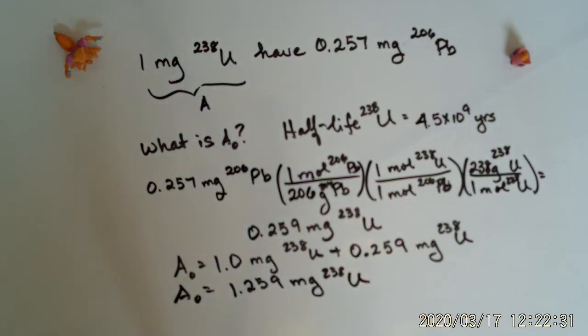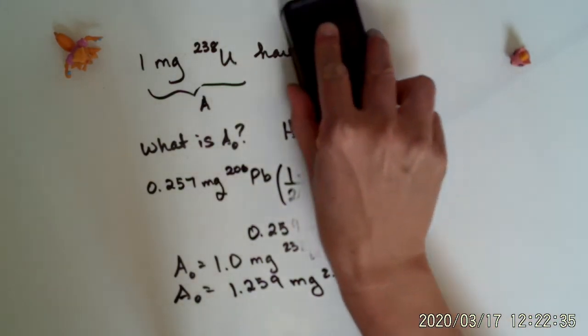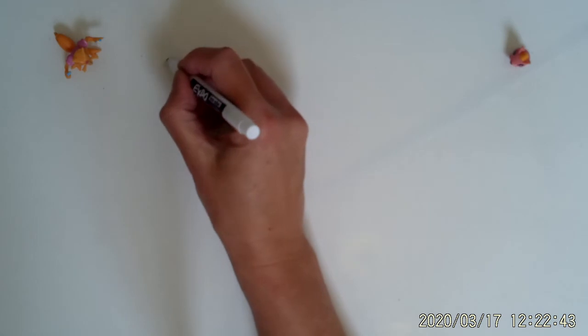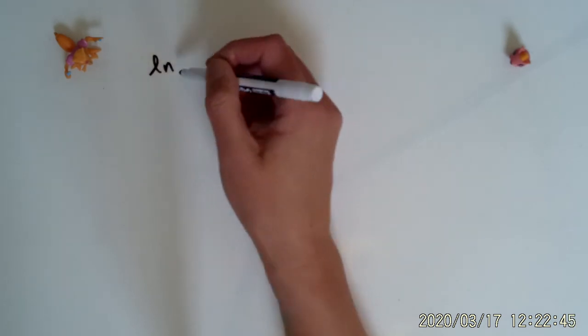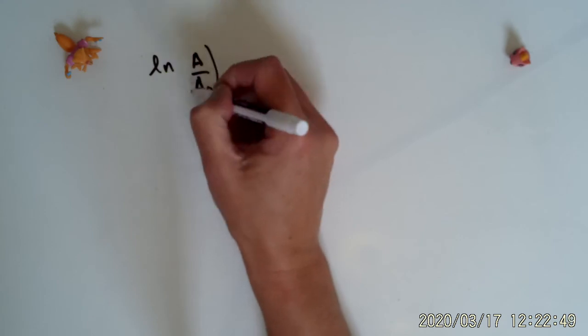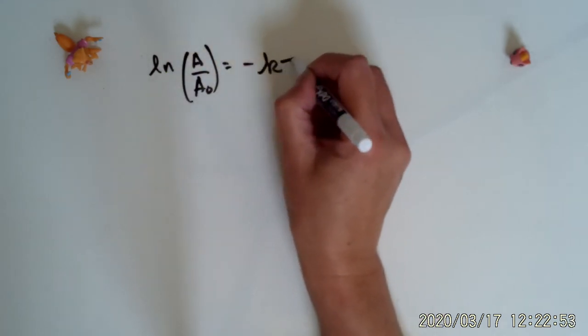Once we find out what A naught is, we can use our formula to determine the age of this rock. We're going to use this equation: the natural log of A over A naught equals minus KT.